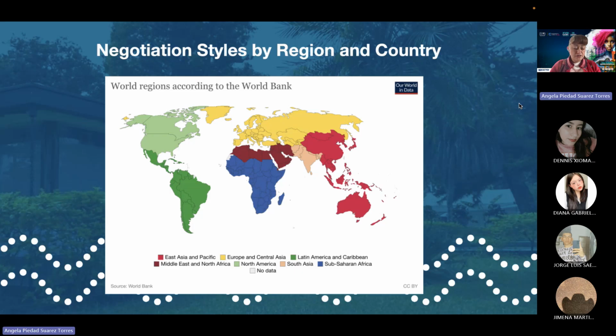Negotiation styles by region and country. We have to make a differentiation because not always all the countries belonging to a region are going to have the same culture. One of the examples is Europe. Maybe we consider that all Europeans deal with or manage the situation the same way, and that is not true.